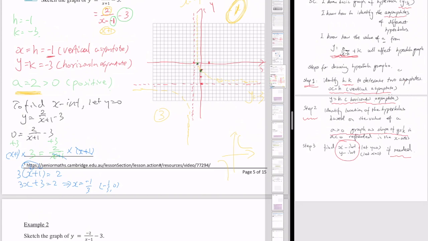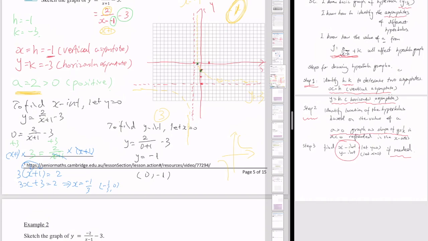In the same way, to find the y-intercept, I let x be equal to 0. Then y will be equal to 2 over 0 plus 1 minus 3, and then y will be equal to negative 1, so my y-intercept will be 0, negative 1.